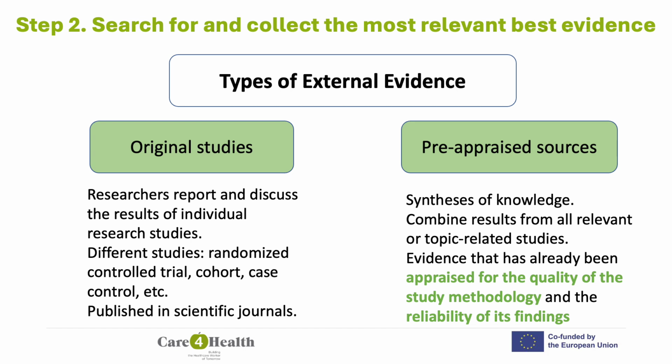First, you must know that there are 2 types of external evidence. External evidence, according to the level of processing or treatment of the evidence, is classified into primary or original studies, like documents showing original research in which researchers report and discuss the results of individual research studies.